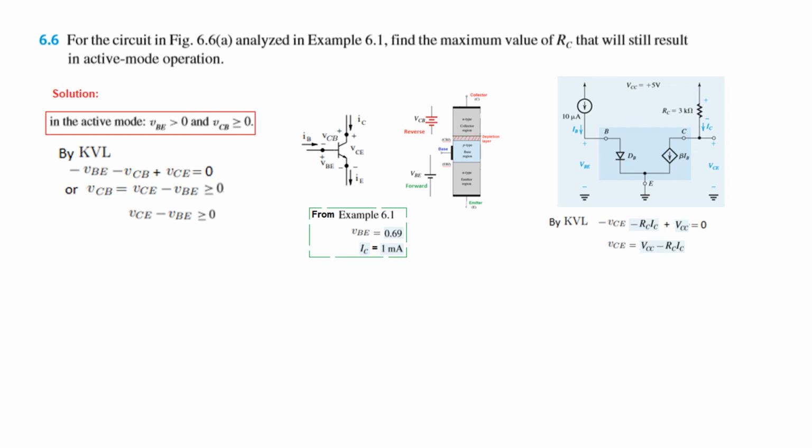Now to find VCE, let's look at this diagram. We can take KVL. This is VCE from collector to emitter. This is the voltage drop across the resistance, and here is the supply voltage VCC. So we can take help of KVL again. We're going from this side, so minus VCE, minus ICRC, and plus VCC.